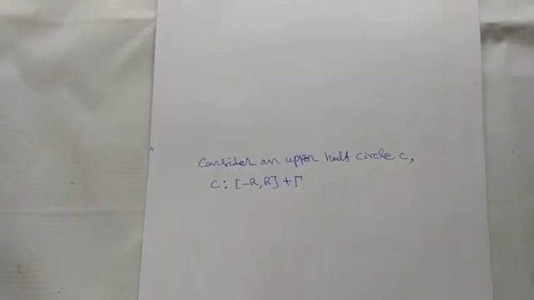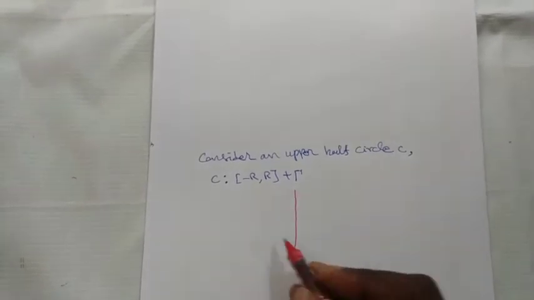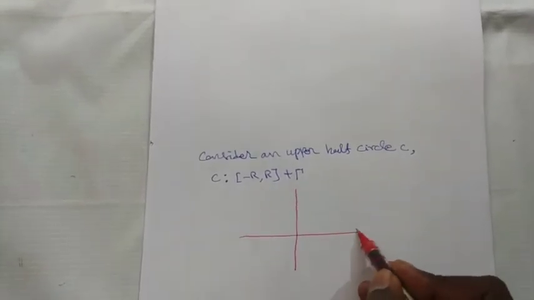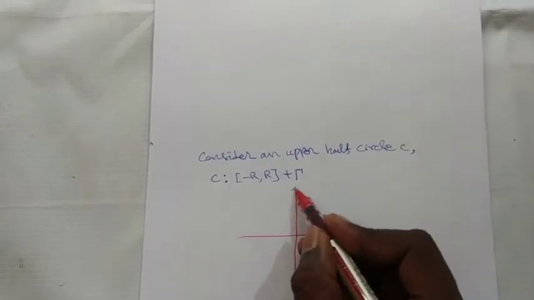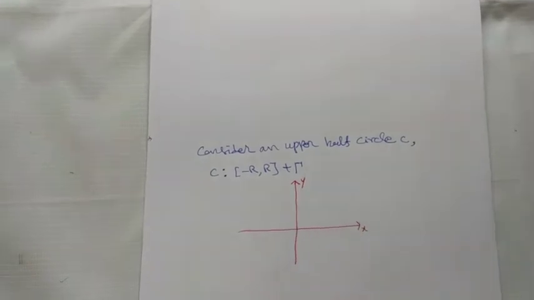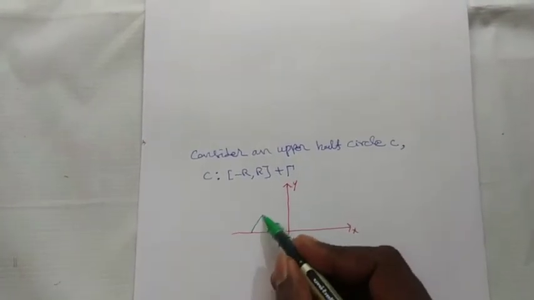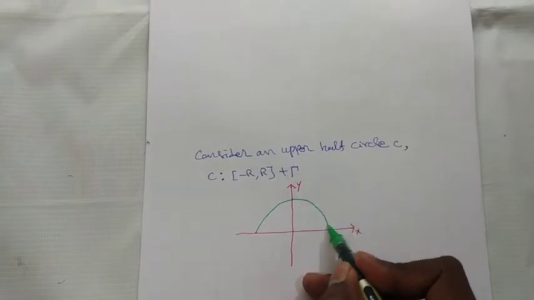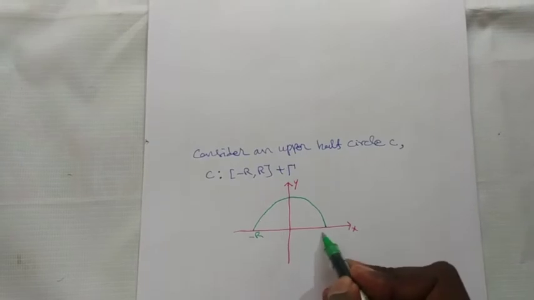From the diagram, consider this is the y axis, this is the x axis. The x axis is the real axis, the y axis is the imaginary axis. This is the upper half circle, from minus r to plus r.